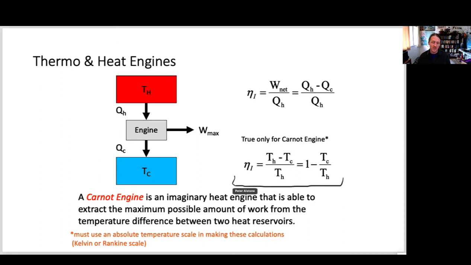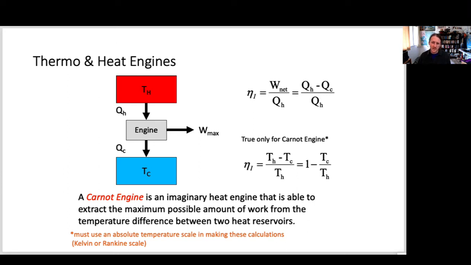So the maximum efficiency for any heat engine is equal to the temperature on the hot side, TH, minus the temperature on the cold side, TC, divided by the temperature on the hot side. And we call this the Carnot efficiency. Carnot was the name of a person who wrote down and figured out this relationship for heat engines.